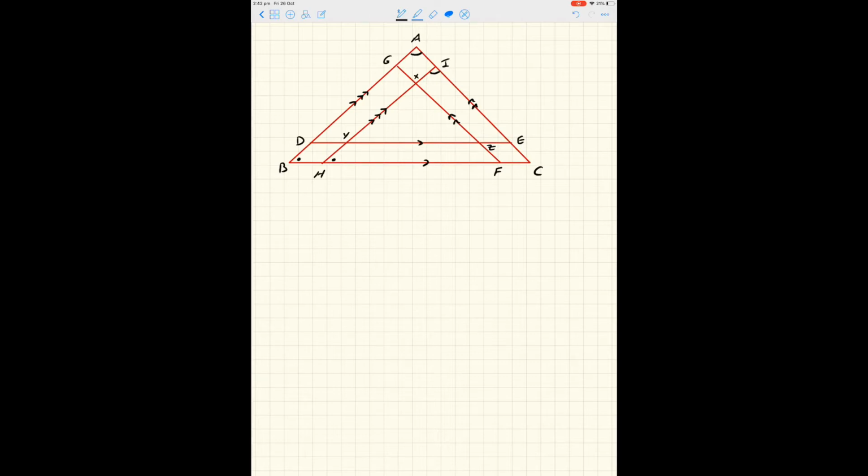This time I'm going to look at the following angles: angle ACB, which is equal to angle GFB, and angle CAB equal to angle FGB, and the reasons for both are corresponding angles.